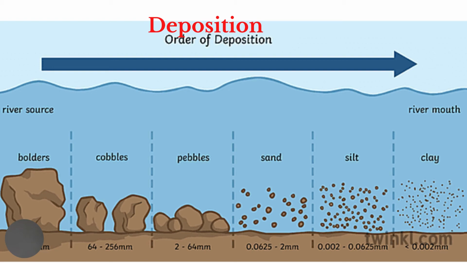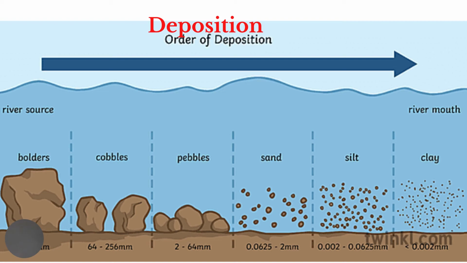So what we will find is that larger sediments will be deposited before smaller sediments. And when materials are deposited in this way, then we can say that they are being deposited in a sorted manner. So the diagram that you are looking at is showing materials being deposited in a sorted manner, from boulders to cobbles to pebbles to sand to silt and finally to clays.